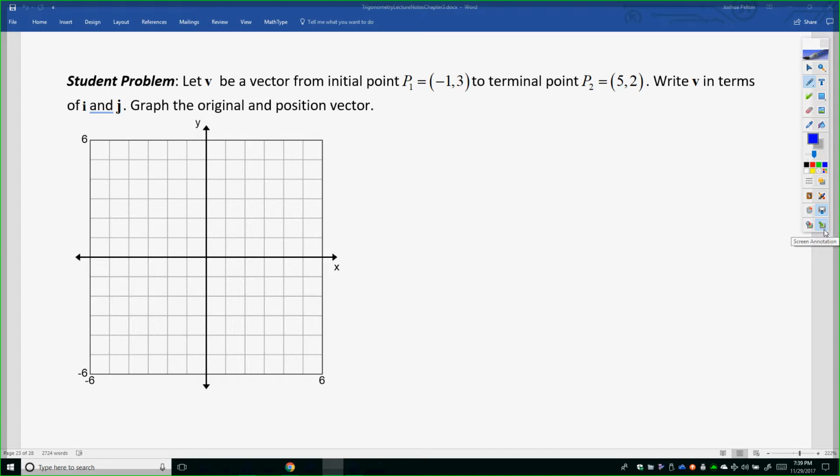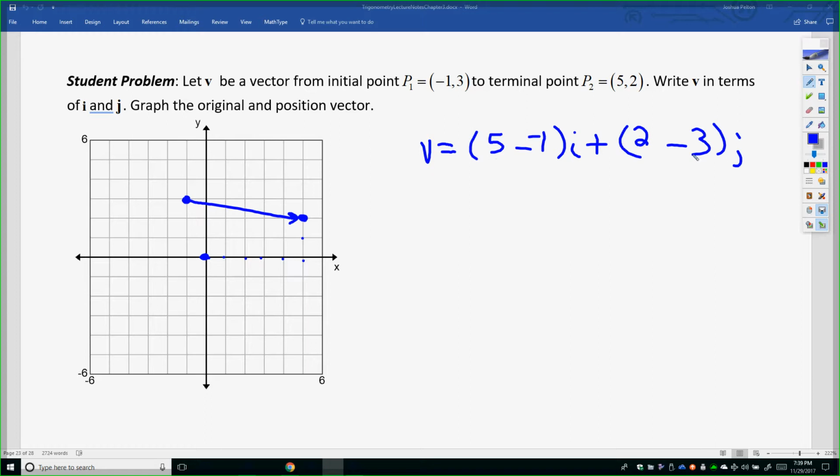Okay, so you should first draw the coordinates, so negative 1, 3, and 5, 2. So that is initial and the terminal. The new one comes from there and goes to the new position. So that vector equation is going to be i plus j, so terminal minus initial, and that gives us a vector of 6i minus 1j.